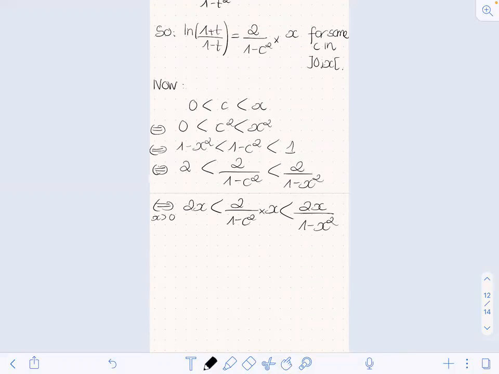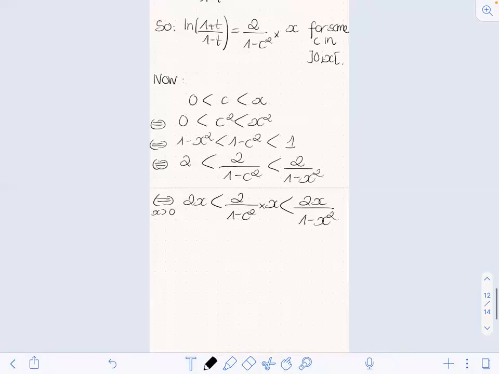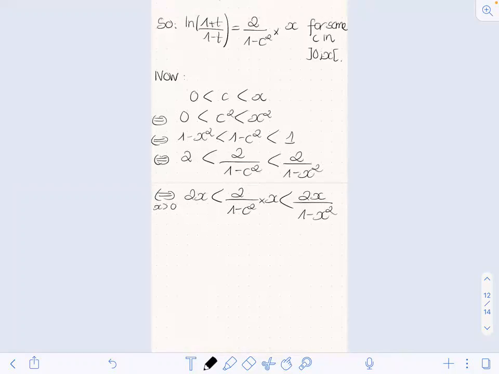So what does that tell us about the logarithm function that we're interested in? It is also bounded by 2x and 2x divided by 1 minus x squared.